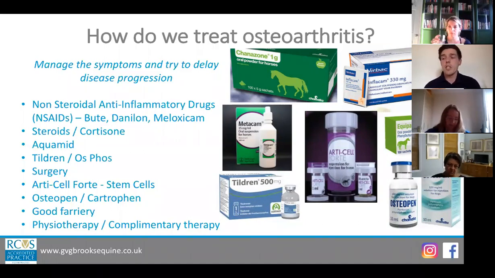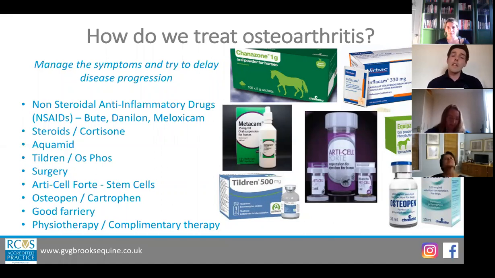But we might do some specific things with farriery if we've got arthritis within the foot or certain areas on the leg. Then we might recommend specialist remedial type shoes, or particular ways of trimming the foot, and we'll work with your farrier on that. But definitely remedial farriery in those severe cases can really help with managing pain in these stiff sore joints.